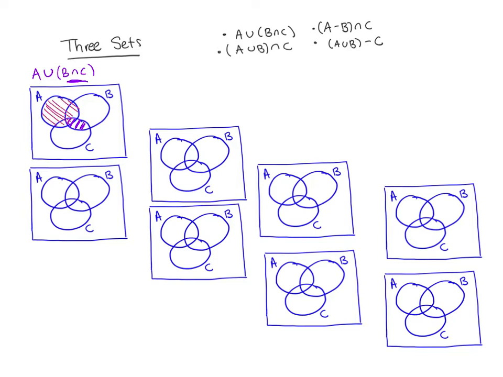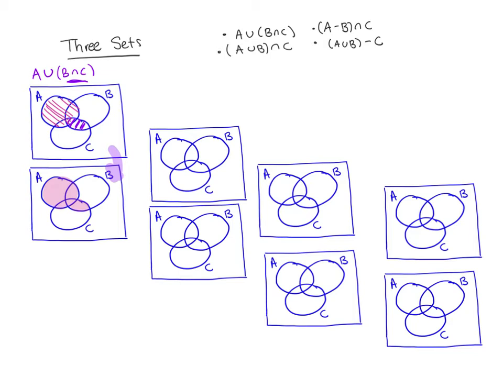Because I'm taking the union, I want things that are either in A or in B intersect C. So I can shade that in. I have the stuff that's either in A or the stuff that was in the intersection. I'm just going to use this picture down here to finalize that.